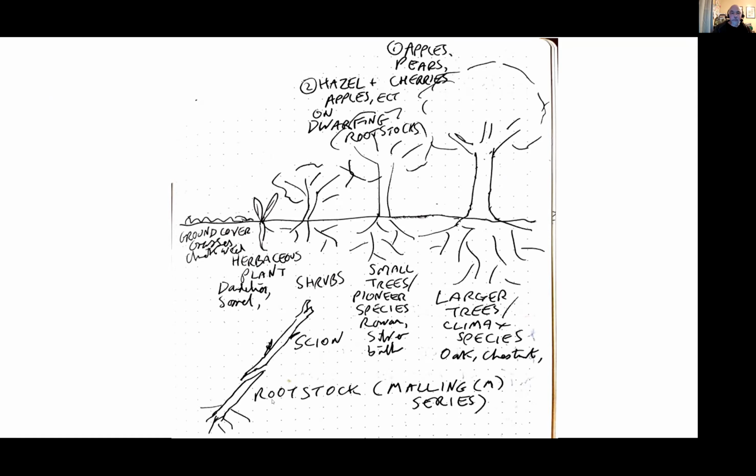There's a whole load of these different trees that are grown for their rootstocks, and many of them are in what's called the Malling series, or the M series. Quite often, if you go to a plant nursery or tree nursery, you'll see that this fruit is grown on an M rootstock.